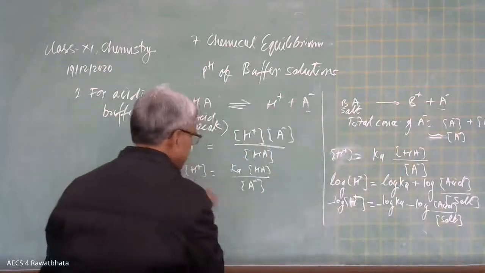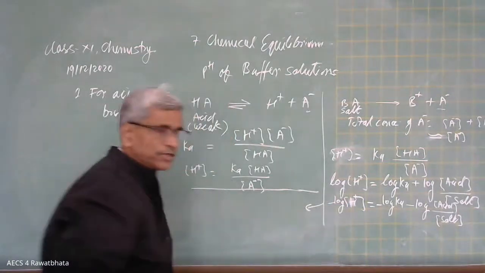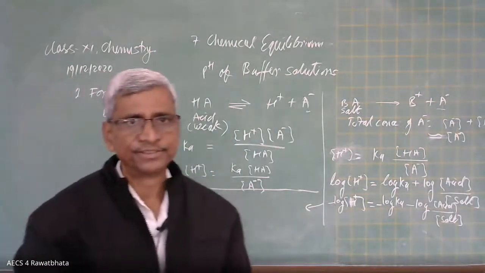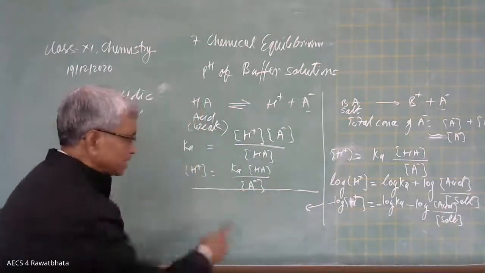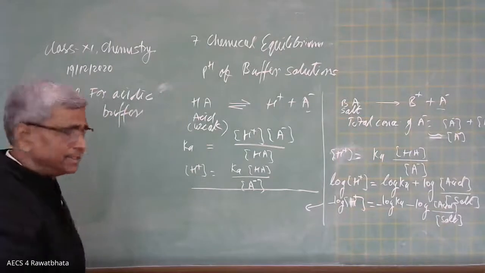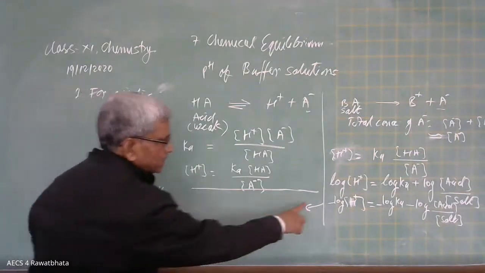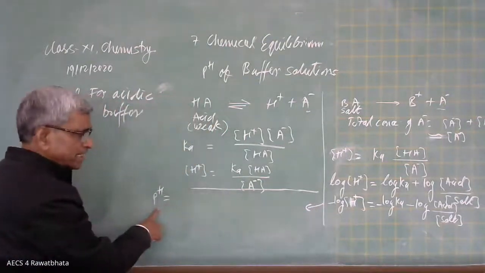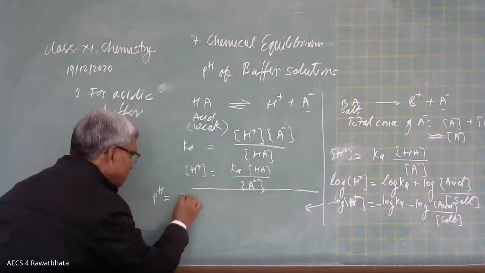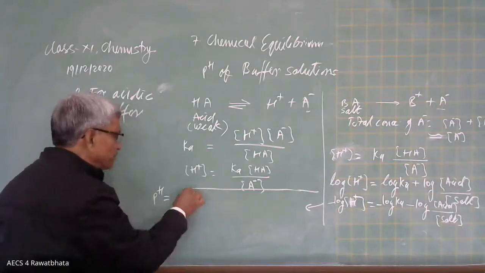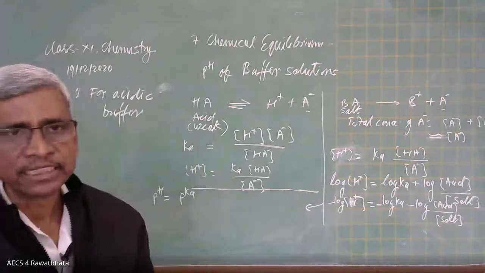So I'm going to write the final equation here. Minus log [H+] is called pH, well known to all of us. pH is equal to minus log [H+]. That's why it is multiplied by the minus sign. Just like pH, minus log Ka can be written as pKa.